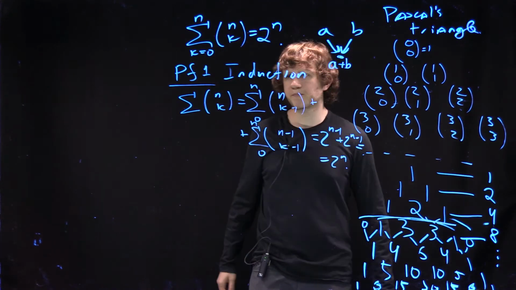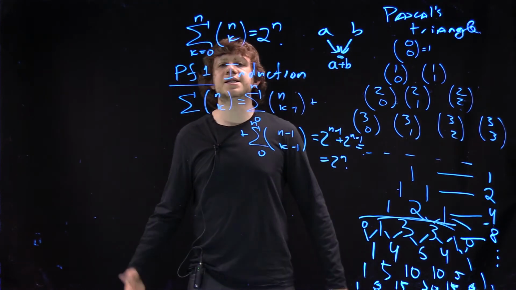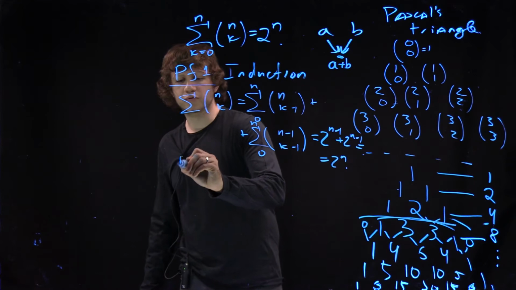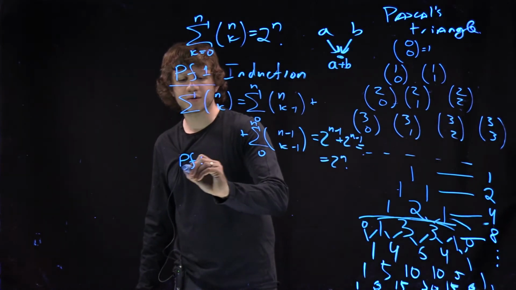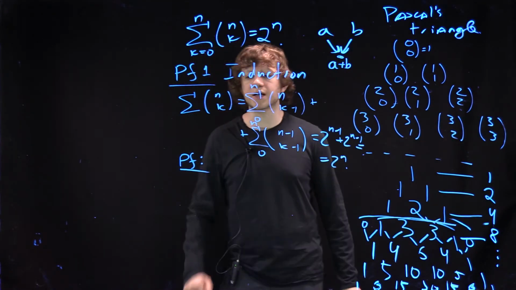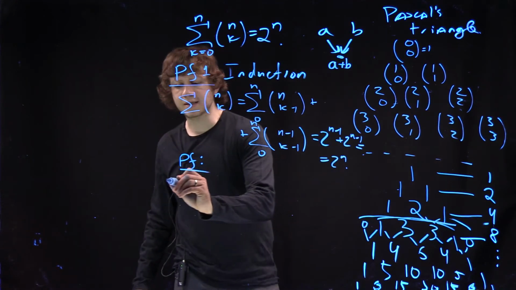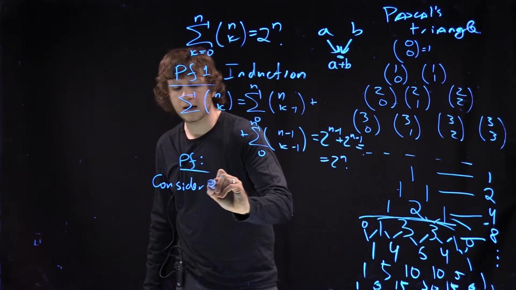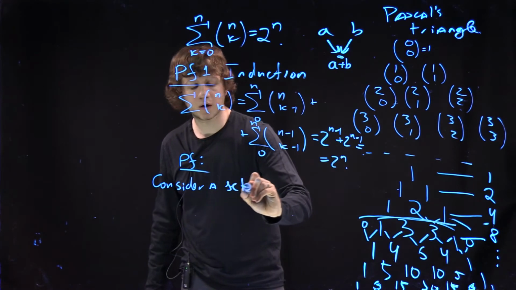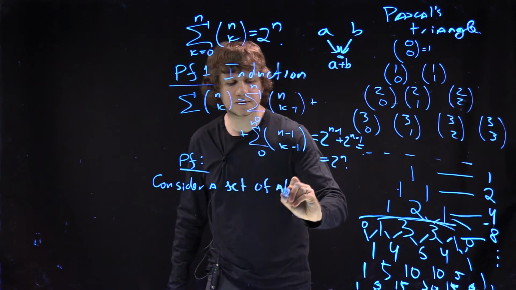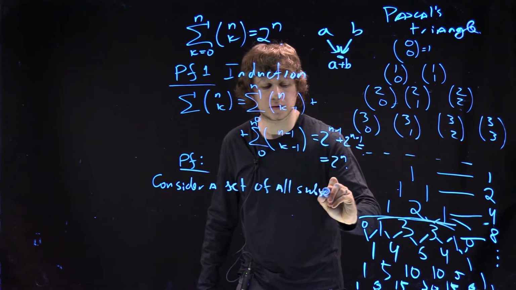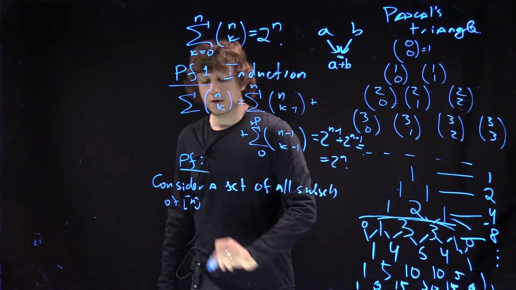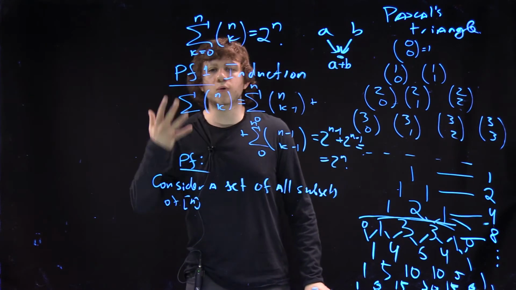So that's the proof. But of course, that does not explain where 2 to the power n comes from, and a better proof is using an explicit bijection. This is really simple, because let's consider the set of all subsets of n, so all subsets of all sizes.